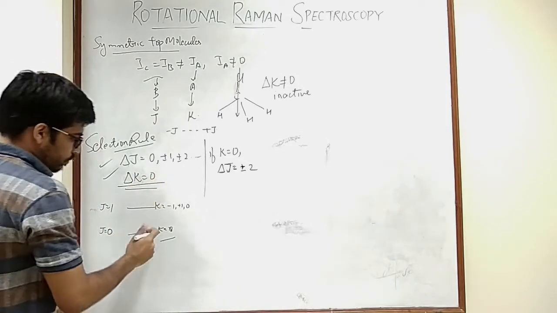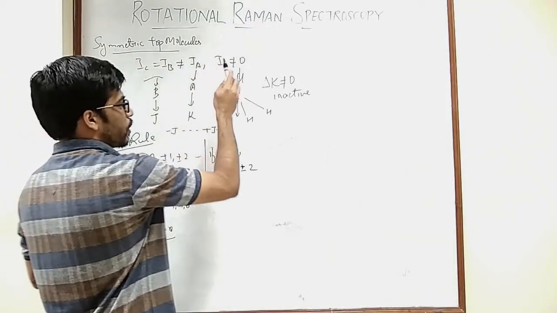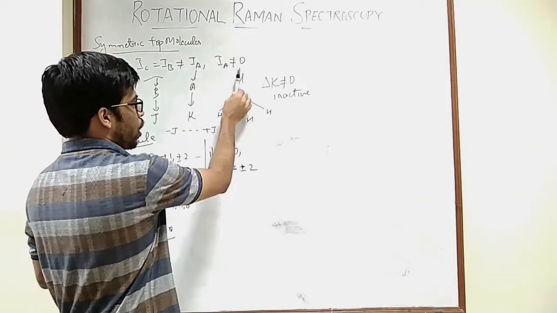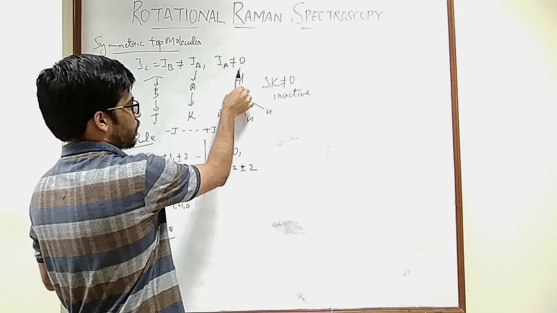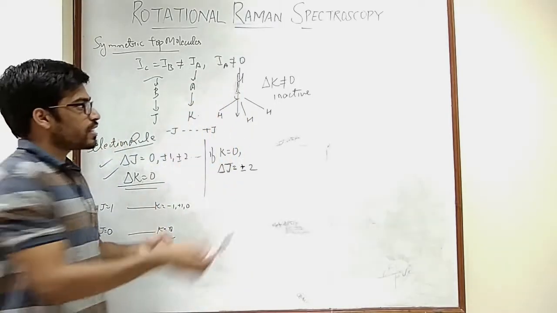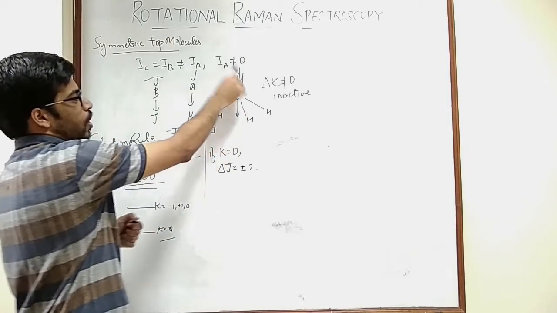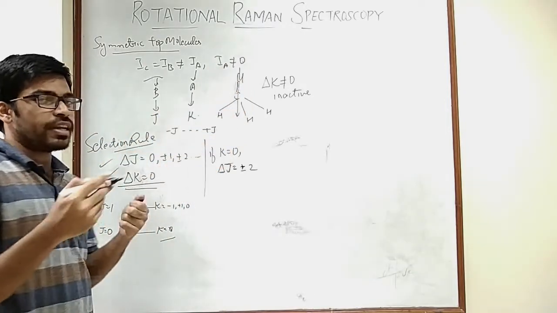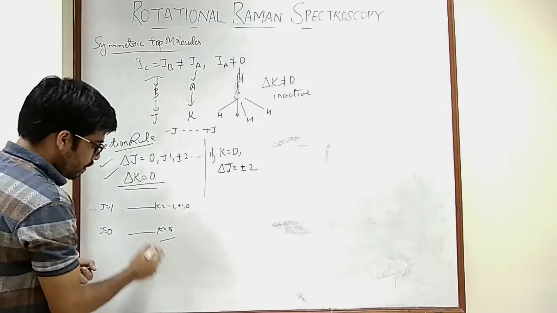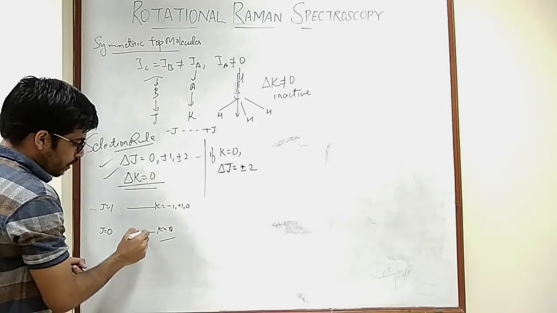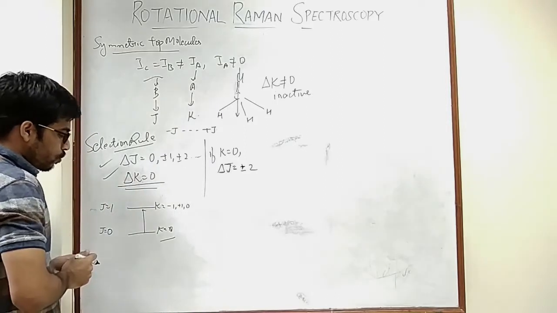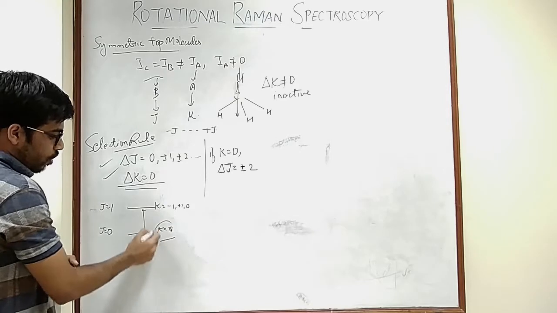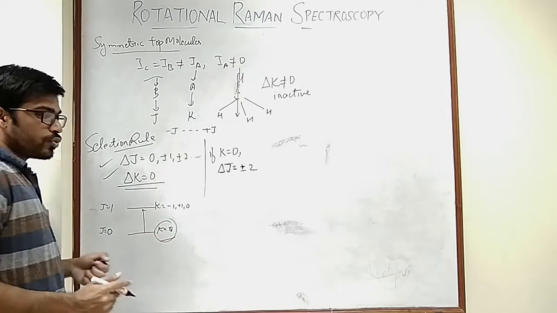Now in this case, the molecule is going to have only one rotation along this bond axis. And just like we discussed, if this is the rotation along this bond axis, the molecule is going to be inactive. So that would mean you cannot do the transition from J equals 0 to J equals 1, because at that condition K is equal to 0.